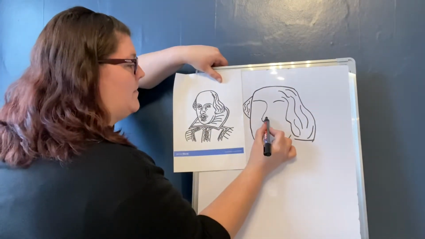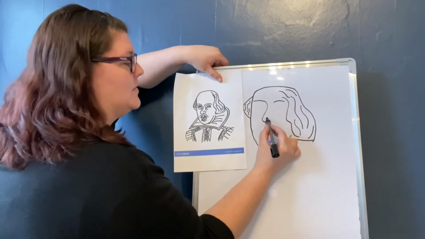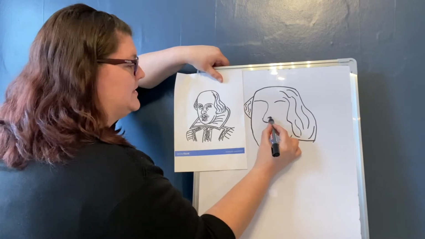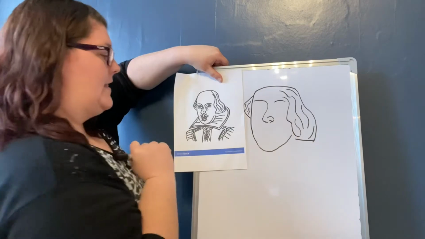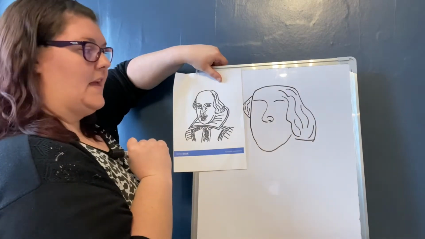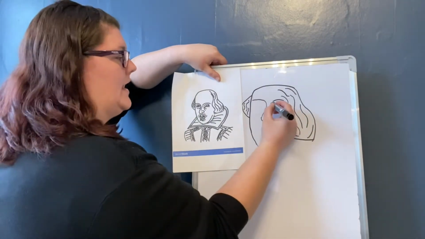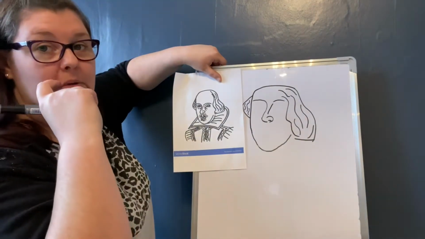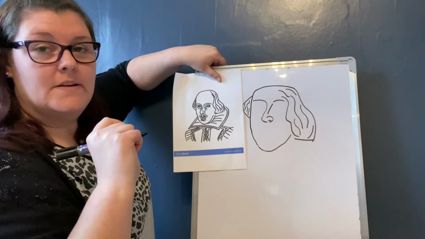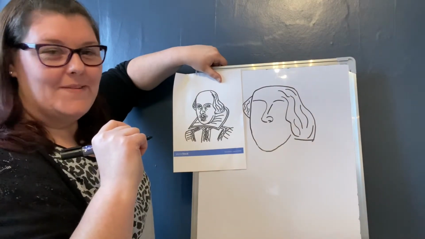So we're going to come around in like a backwards K shape just here to give him his nostril with a little line there. What do we think? And then a line here. I think that's looking like a nose. What do you think? You're doing really well.